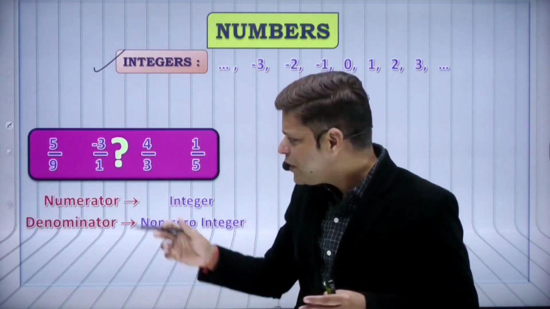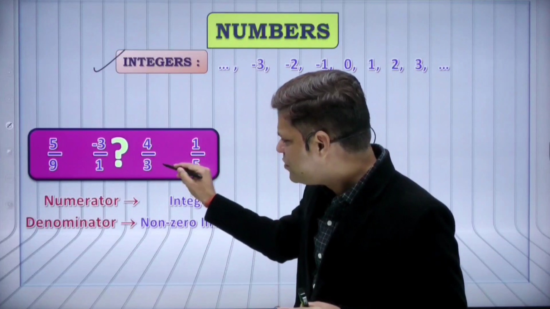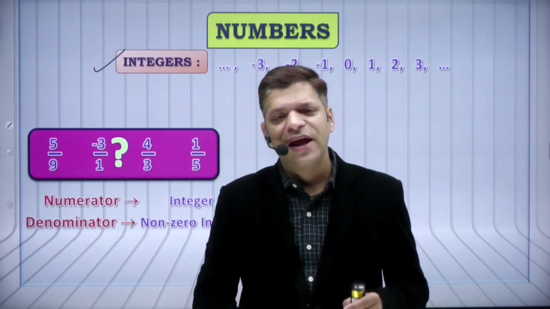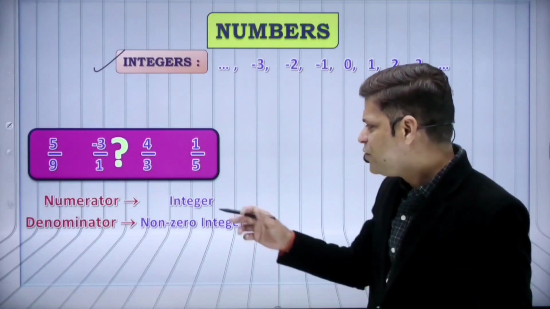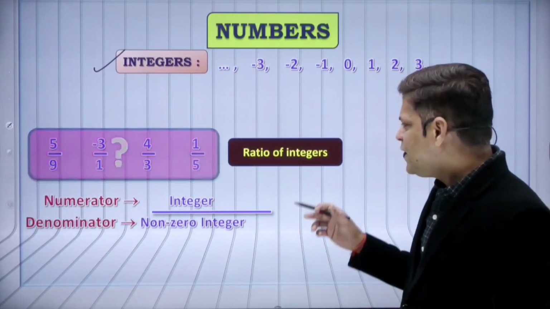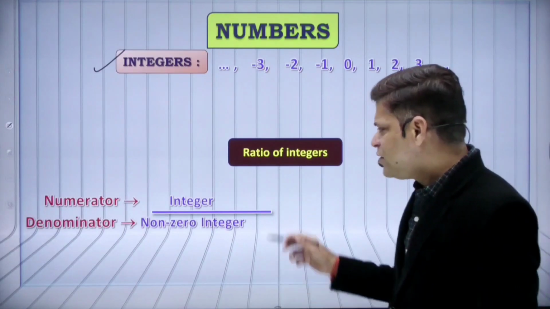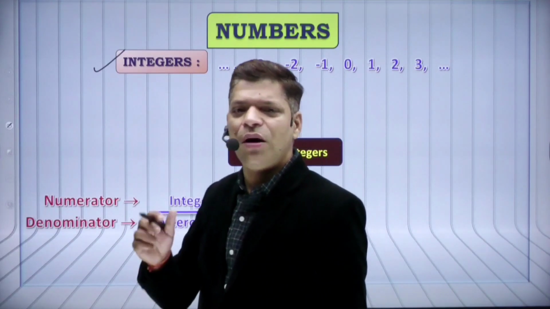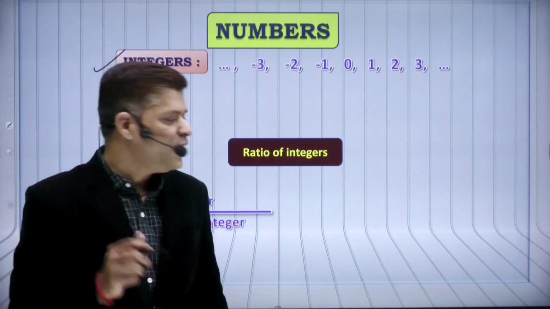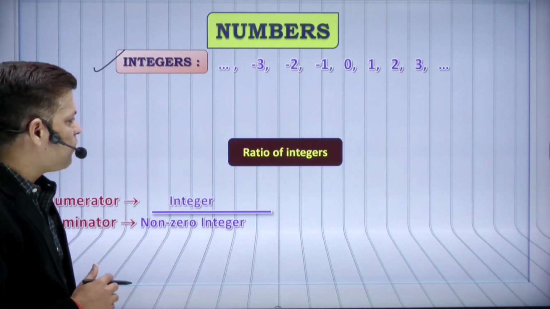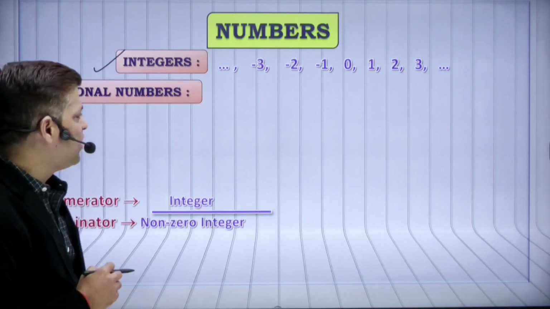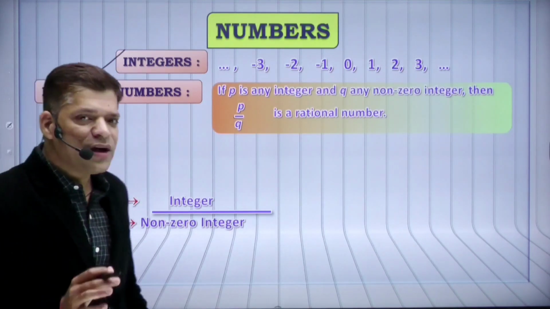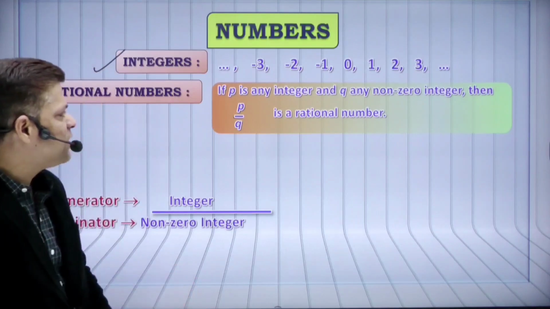Because if we put 0 in the denominator, then the fractional number will not be defined. So now we can define the ratio of an integer upon a non-zero integer. This ratio of integers is called rational numbers. So what are the rational numbers?